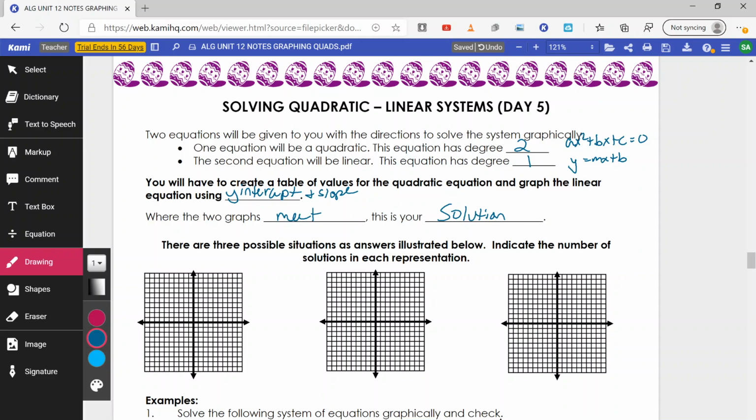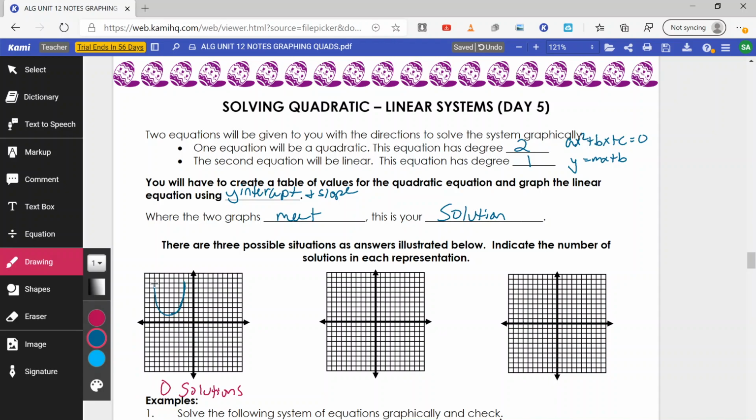Now, when I graph lines, there were three possible situations. I could have no solution, I could have one solution, or I could have infinite solutions. When it comes to quadratic linear, there are also three possible solutions. One would be 0 solutions. So what this looks like is we have a parabola.